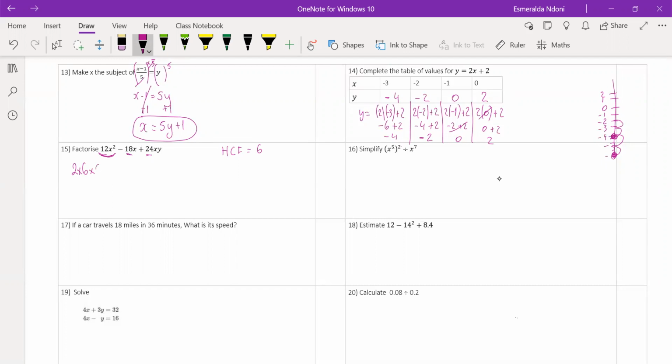And that's multiplied by an x, and that's also multiplied by an x. So this is your first term. Now on the second one, the negative 18 needs to be broken into 2 numbers, one of them being a 6. So that will be a negative 3 times 6.